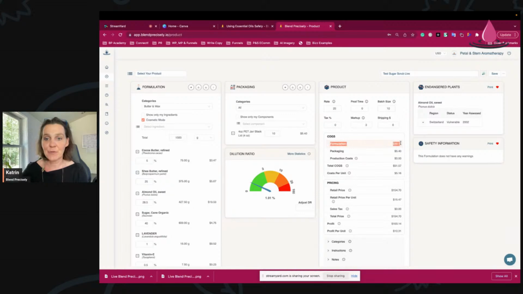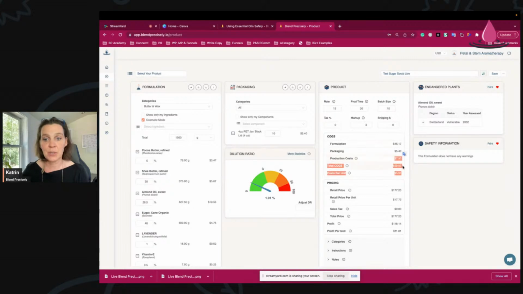So the entire formulation, all the things over here on the left-hand side, will cost you $46.17. The packaging of these 10 PET containers is $5.40. Now you can maybe even add some production time, however long it will take you. My hourly rate, I put in $25. If your hourly rate, for example, is 15, then this amount is, of course, lower.